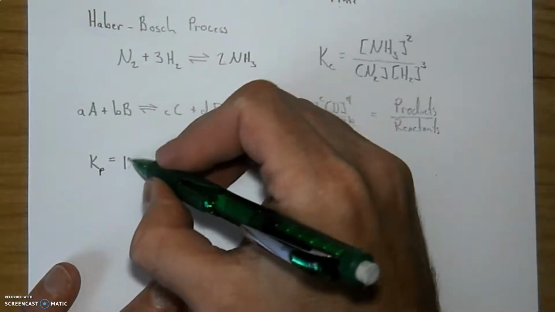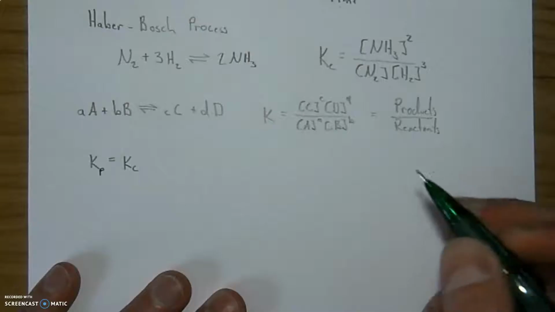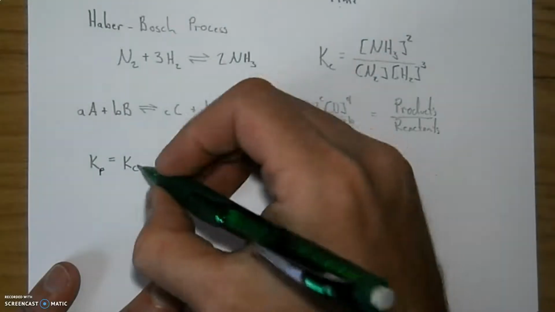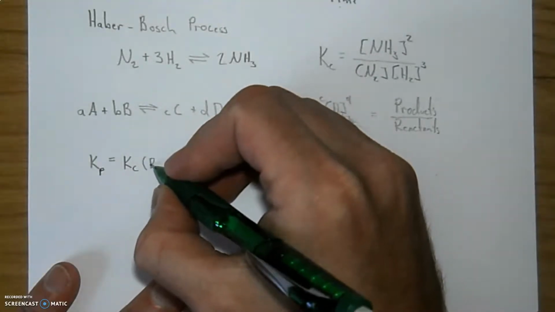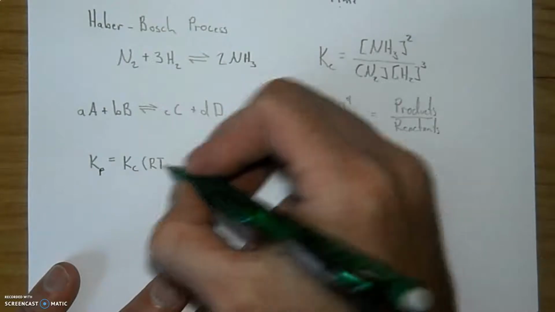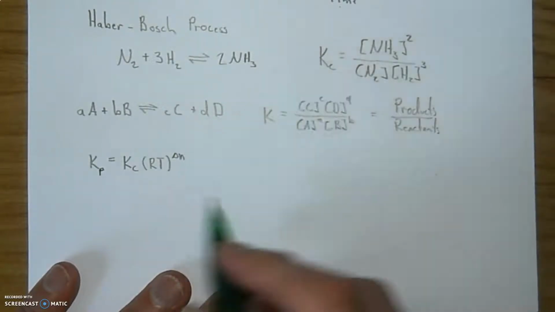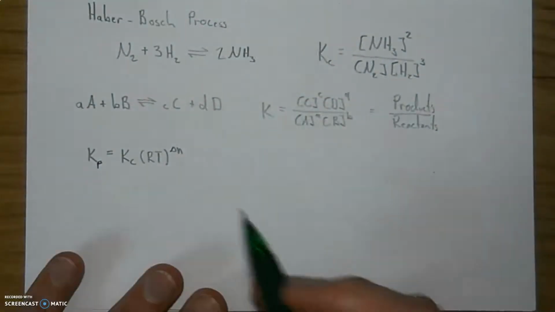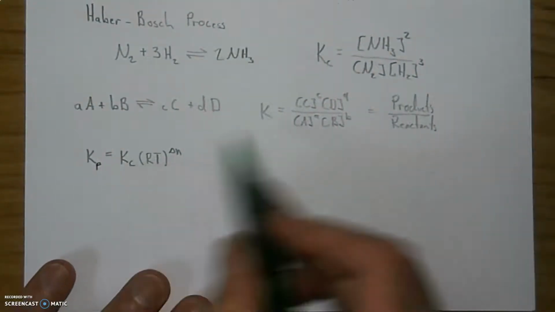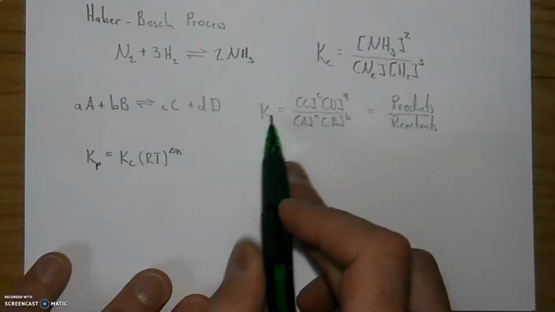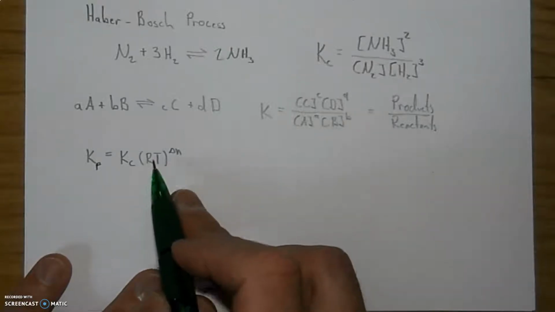Kp is equal to Kc, kind of like we did here. There's a way we can derive this equation, but we're not going to bother with that. We're just going to fire away and say, yep, that's it. So we have the equilibrium expression of concentration, multiplying it times the R value.